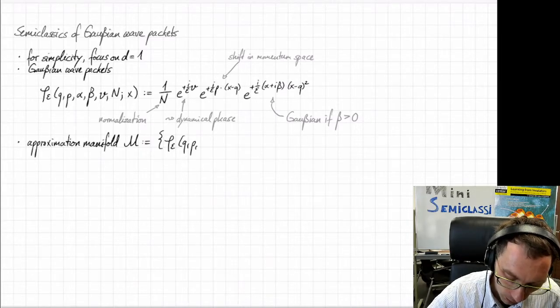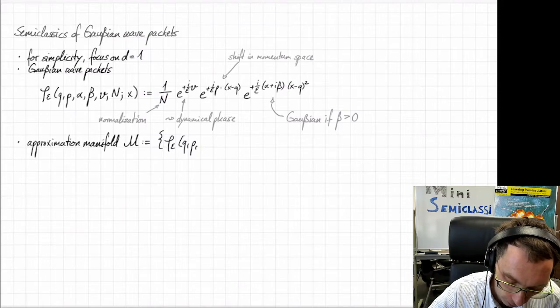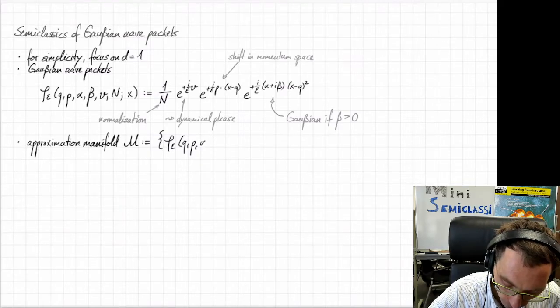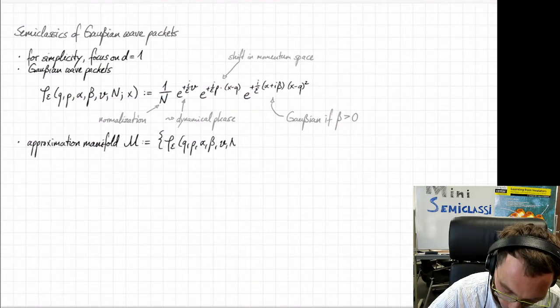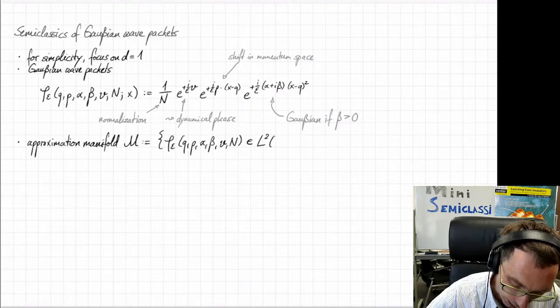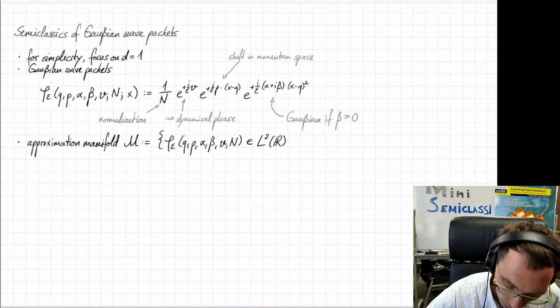Evidently, this is square integrable in x. So these are elements of L2 over R. We are in one dimension.